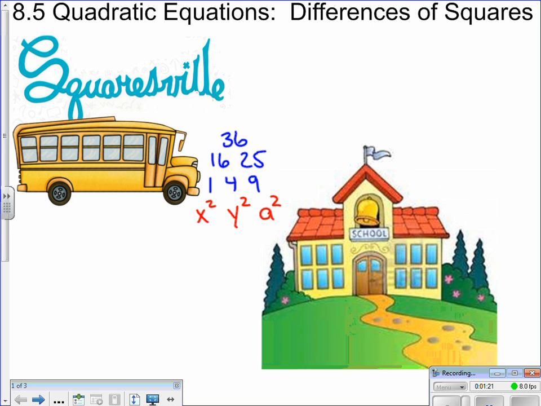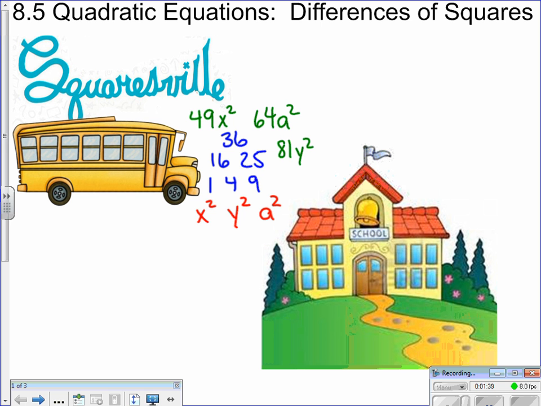And we can also have combinations of numbers and letters, like 49x squared, 64a squared, 81y squared.